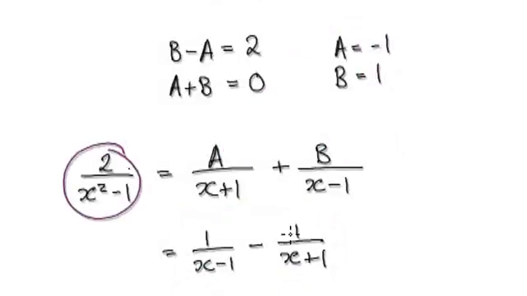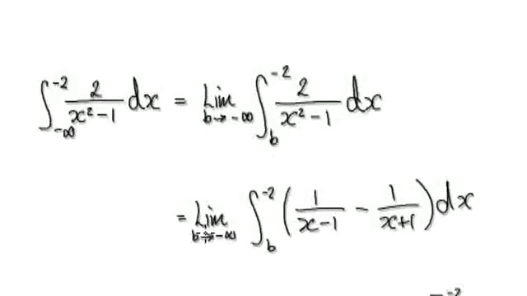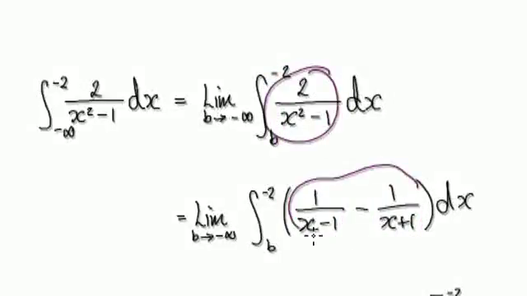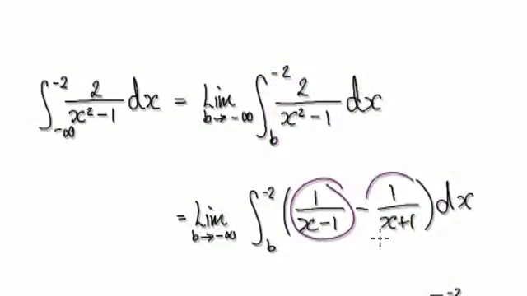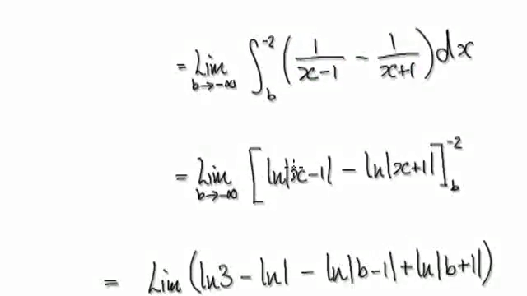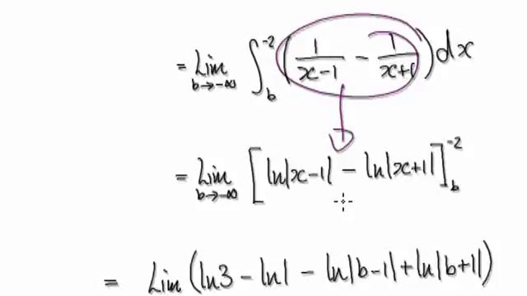We can rewrite this as one fraction take away another fraction. So now this is really easy to integrate. It will be natural log absolute value of this thing, take away natural log absolute value of this thing. So integrate this, it will give you this.